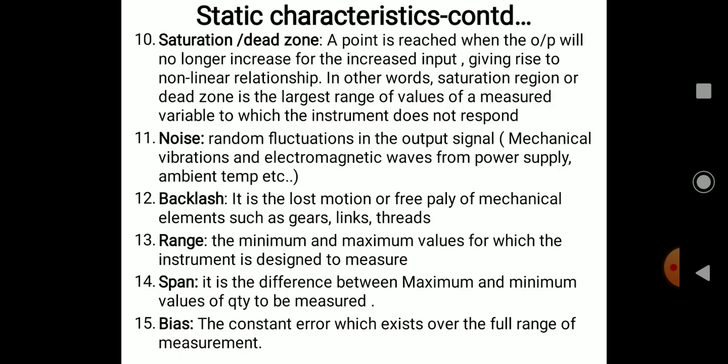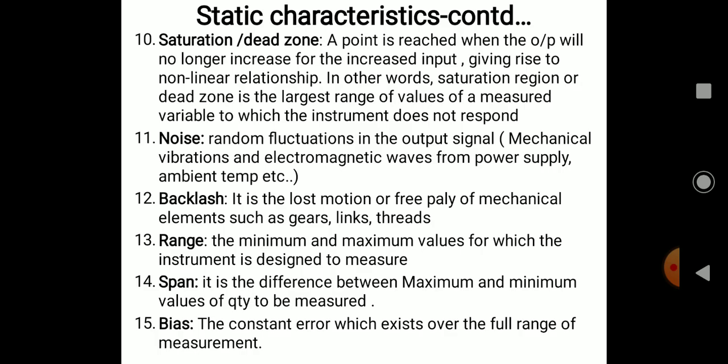Saturation or dead zone. In any instrument, there is a point after which the output will no longer increase for an increased input. Suppose a pressure gauge of 0 to 100 bar. After 90 or 95 or something, if you are giving 96 bar, there will not be any change.